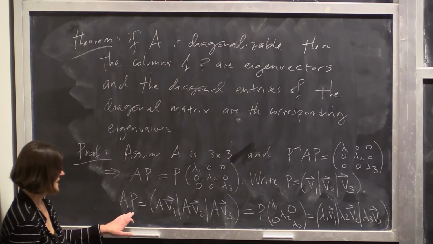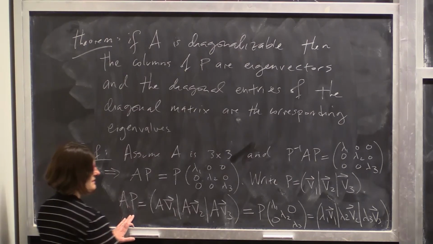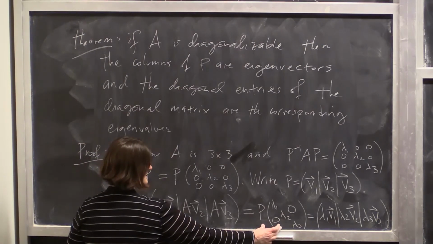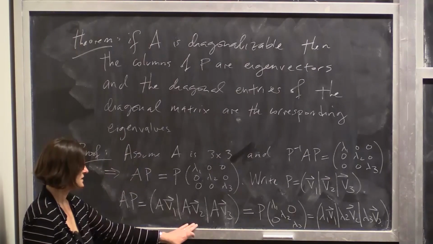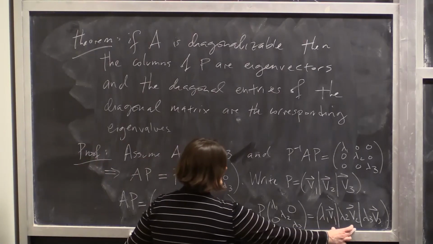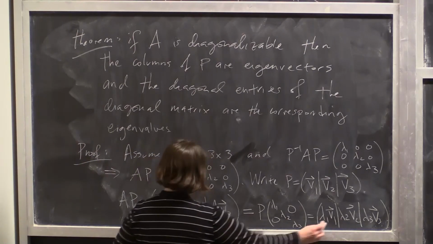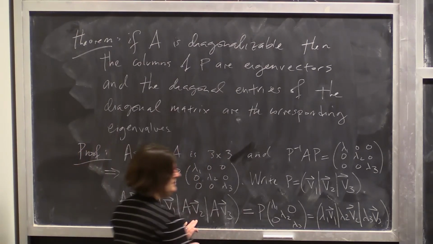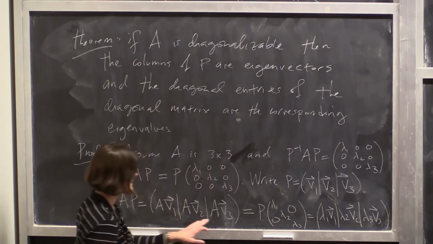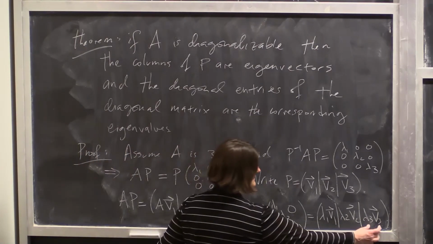If I know that this equals this, it's the exact same thing as knowing this equals this. The first column here must be the same thing as the first column there, and likewise for the second and third.